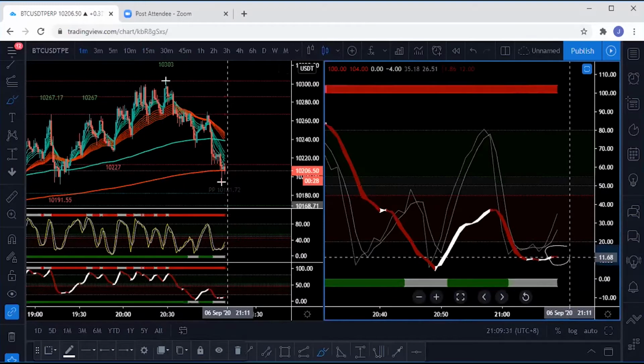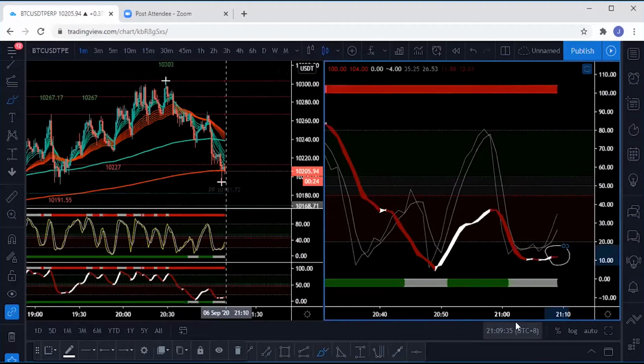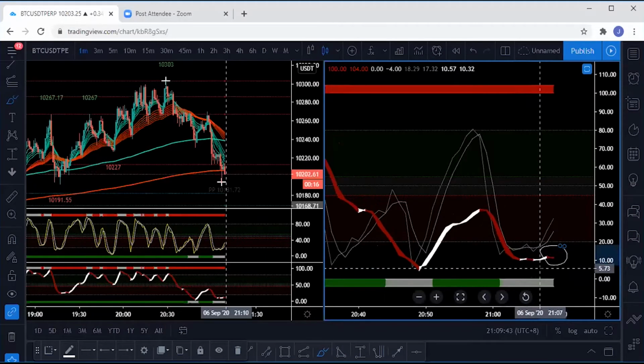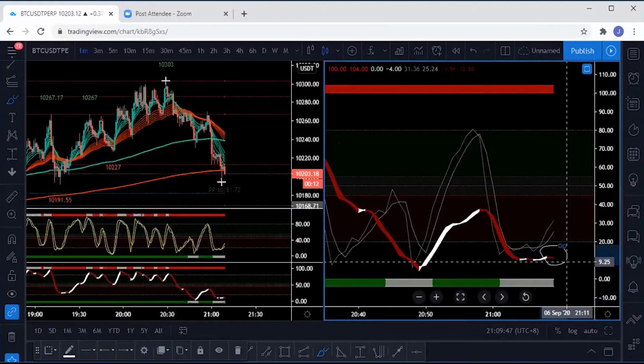In this current scenario, this is a flat shadow. The market is indecisive. It is not sure where it is going to go.